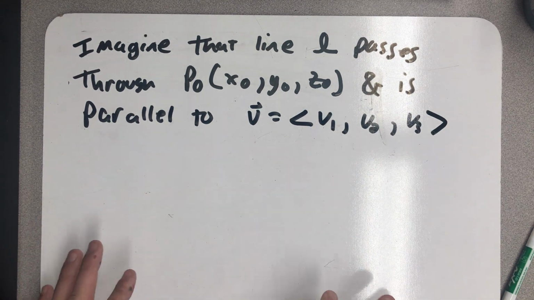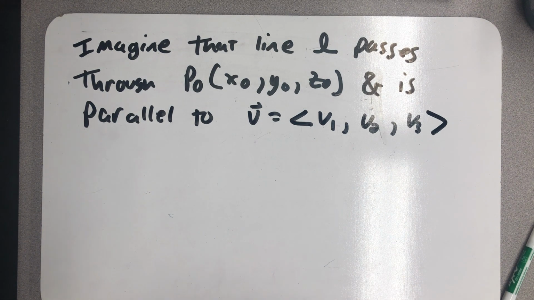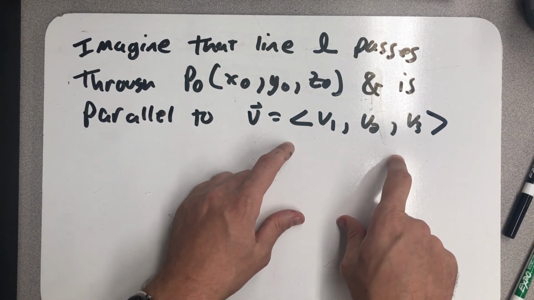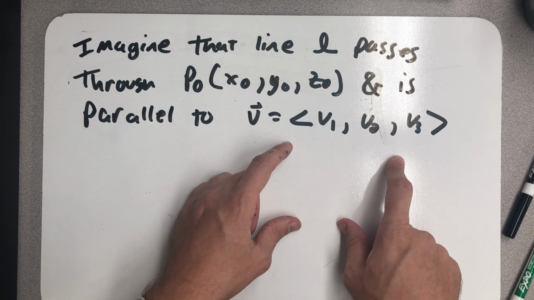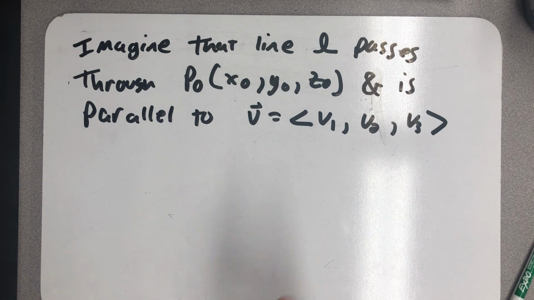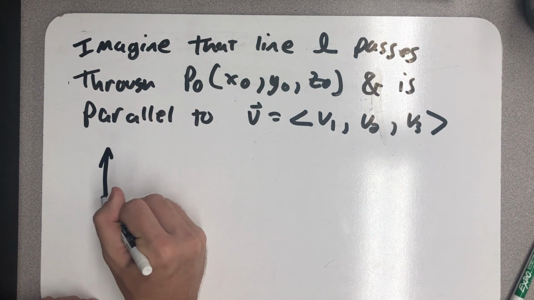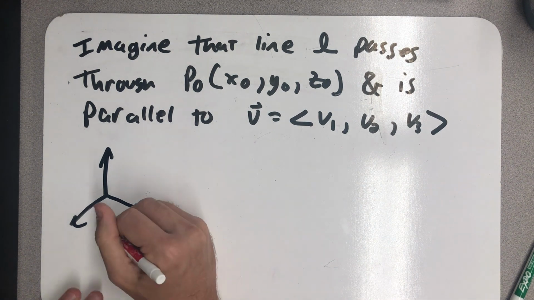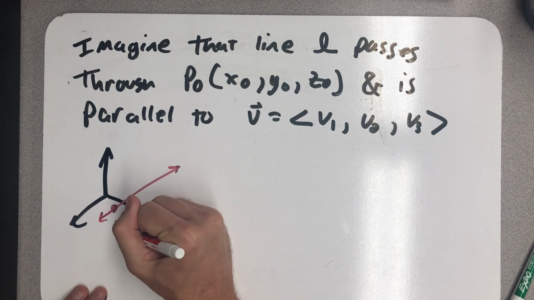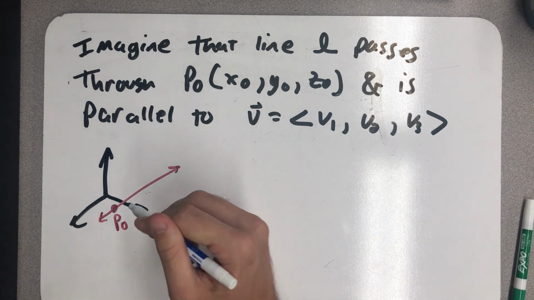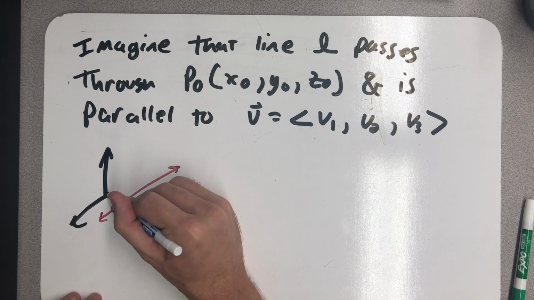And I claim this is almost the same amount of information I had with my previous example in the plane. Even if I had two points on the line, I could use those two points to generate this vector parallel to my line, just by thinking about the vector that pointed from P naught to P1, the other point. So now I have a line in space that goes through some point P naught, and just happens to be parallel to some vector v.